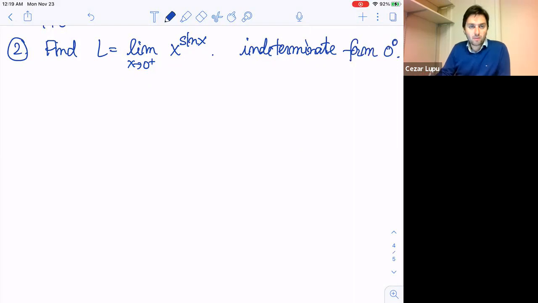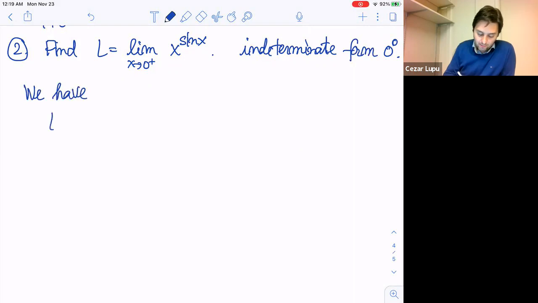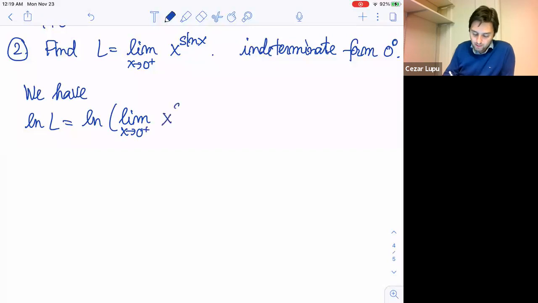Since we have a function to the power of another function, we can definitely take the log. So we have that ln of L is ln of the limit as x approaches 0 from the right of x to the power sine of x.